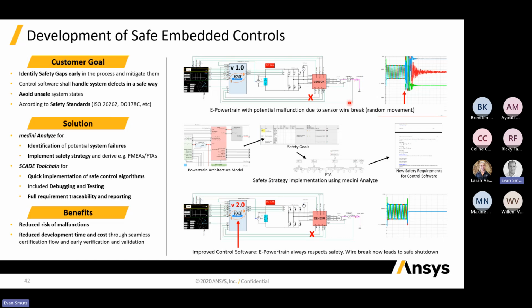Just the way that it's structured and created, it adheres to all these standards and is automatically verified or certified for those different standards. Okay, and so this will definitely reduce the need for all the verification and validation testing that has to be done with this control software, because we can automate the testing for all the different performance parameters and identify any potential bugs that could cause a system failure.